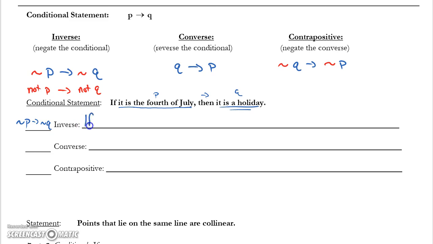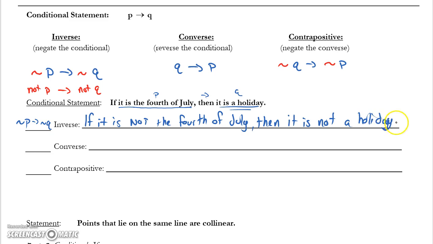So I would change this to if it is not the 4th of July, comma, then I also have to negate my original conclusion. It is not a holiday. So we're not looking to rewrite our sentences completely. We're not looking to reword. We're literally adding the word not when I have to negate something.